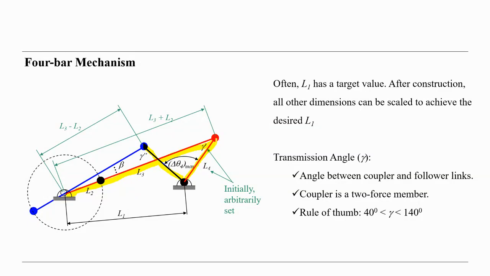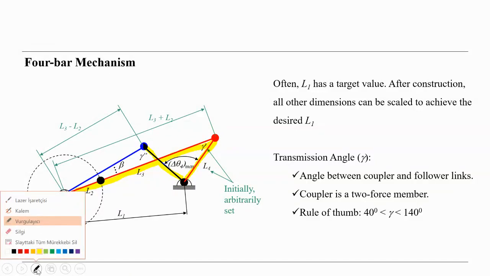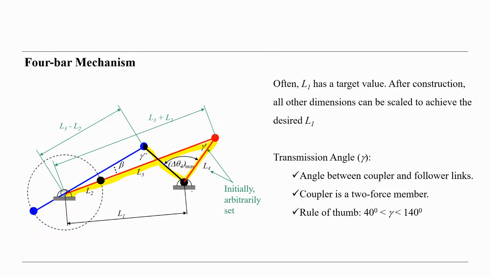We can use any arbitrary position. We can start from any arbitrary position, but what is important is the length and the angle here. Let's say we start from here and we select this angle arbitrarily, I mean this angle here.